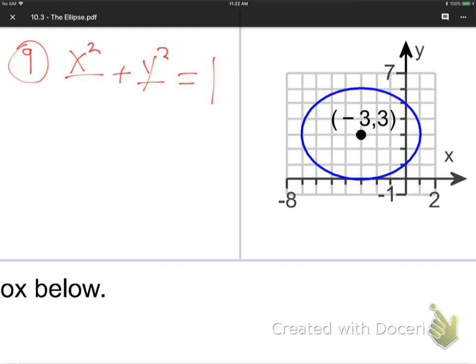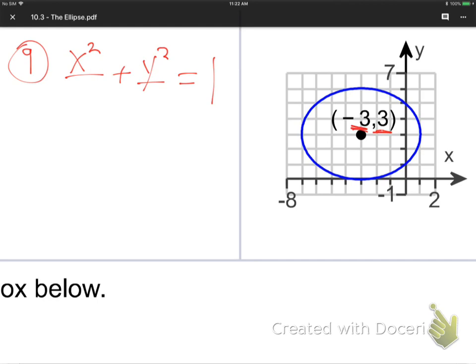Now remember, you got a good picture there for yourself. What did we do for the center? It's going to be the same thing in all these sections: what we did last time, today, next time. What do you do with the numbers in the center and how do they show up in the equation? They're opposite. Opposite, exactly.